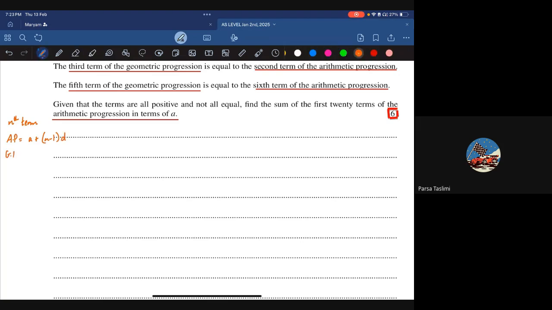And for a GP, it is a r to the power n minus 1. Clear? So far we know this, and we know that the first term for the arithmetic progression is equal to a.